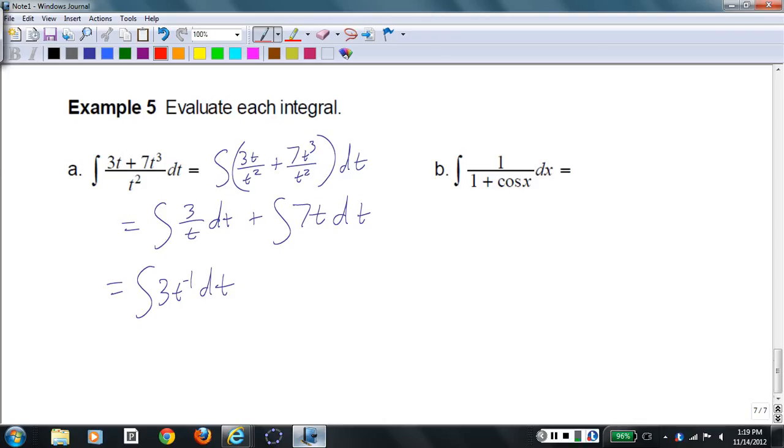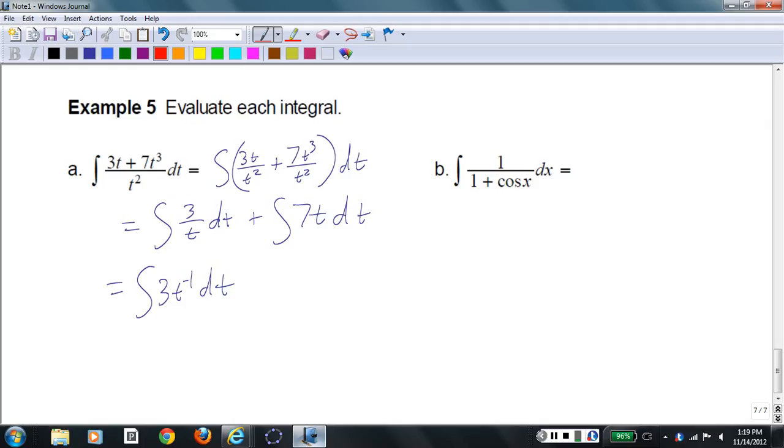So what we'd have to think about is what we could take the derivative of to get t to the negative 1, or what we could take the derivative of to get 1 over t. And it's not a polynomial. It's not a rational expression. What very important function have we taken the derivative of at some point in this course and gotten 1 over t as the answer?